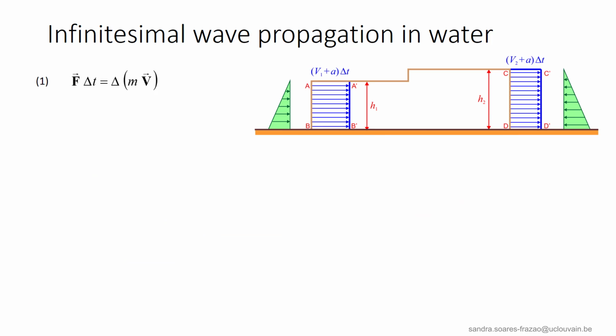So the left-hand side of equation 1 that expresses the forces is developed in the flow direction, that is the horizontal x direction. Then the momentum balance is in fact the difference in momentum between a volume A prime, B prime, D prime, C prime and volume A, B, D, C here.